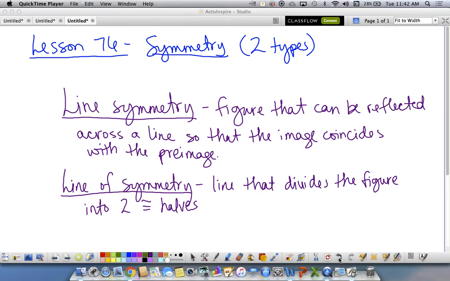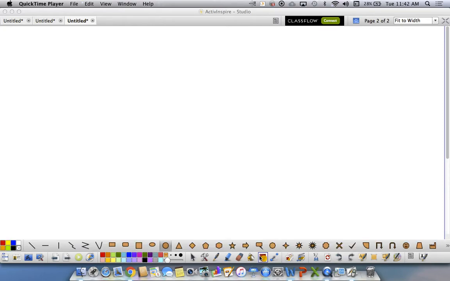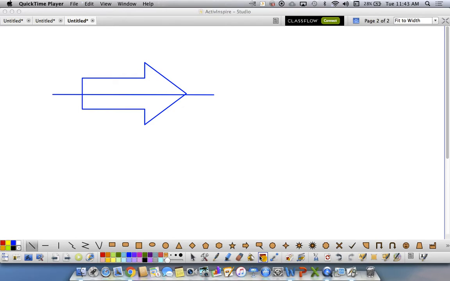I'm going to go to the next page so we can look at some shapes. We'll do this one. Does this arrow have a line of symmetry? Yes, no, maybe. So let's see.